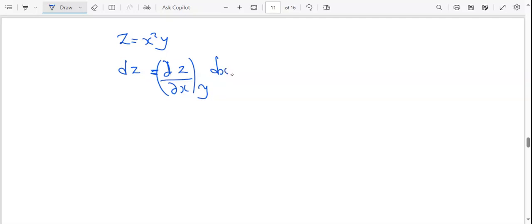Then change in dx, which is x. Then again, I'll say partial change in z over partial change in what? In y. Then we'll hold what? X. Then there will be what? Change in dy. So this is a complete change. All right, this is a complete derivative.